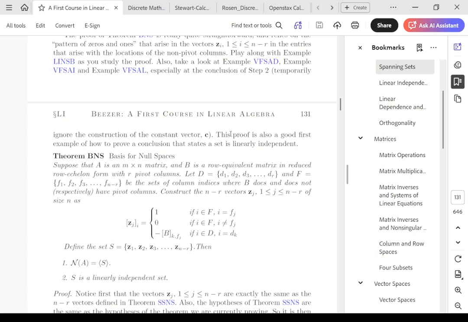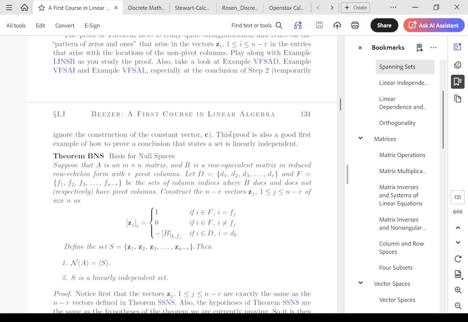Okay, let B be the sets of column indices where B does and does not have pivot columns, respectively, and we construct the n minus r vectors in this certain way. I'll go through what all this means. It's 1 when it's the free variable, and then we solve for the dependent variables in terms of what's in the other columns.